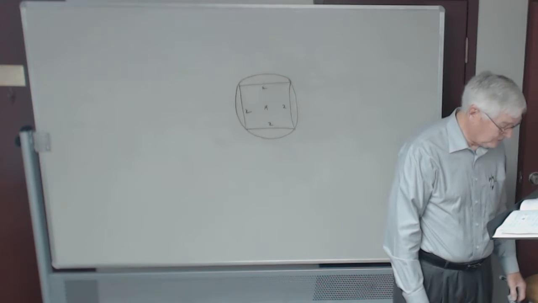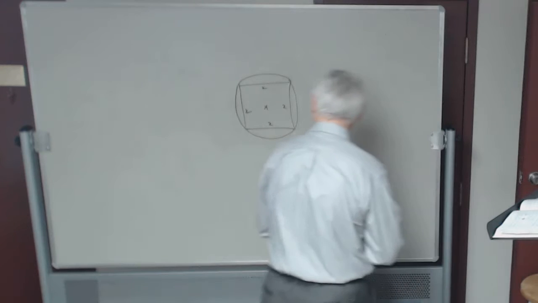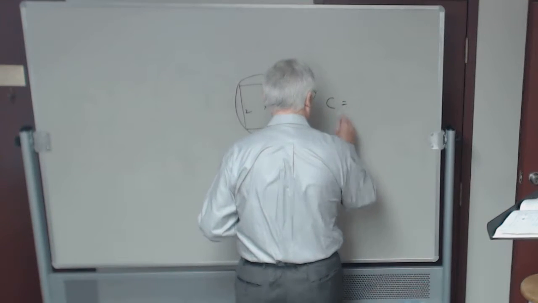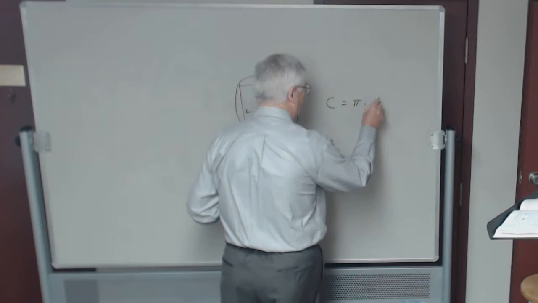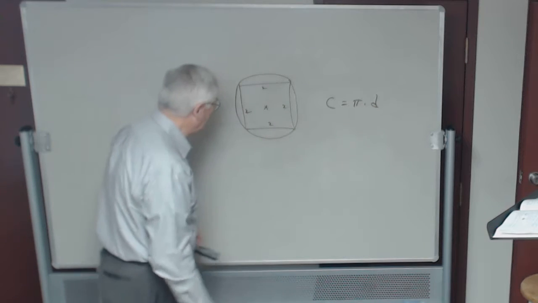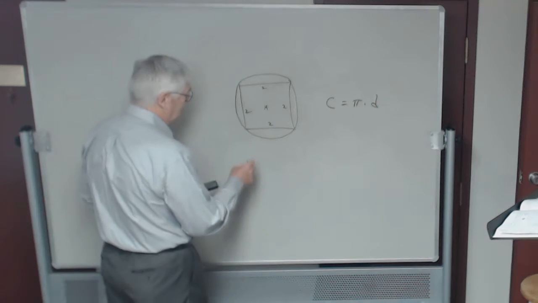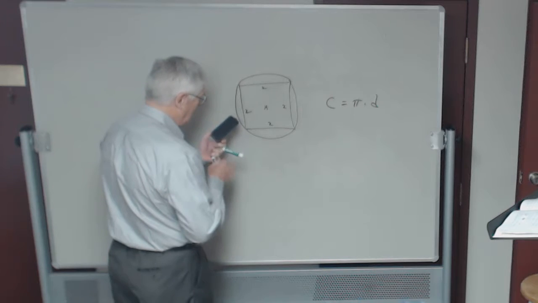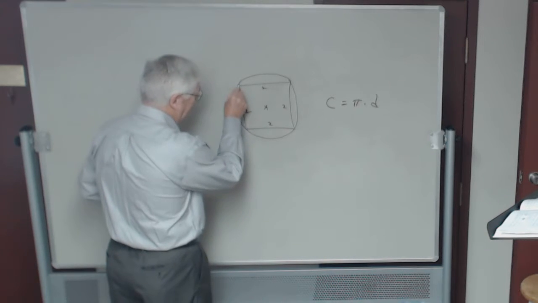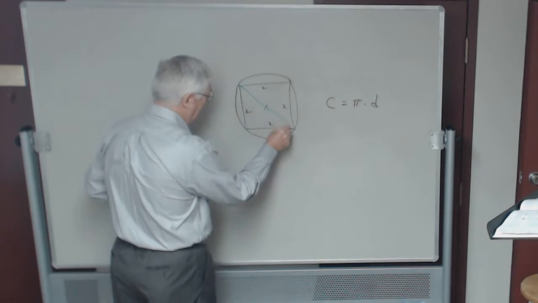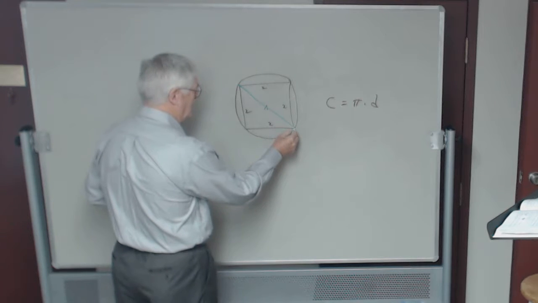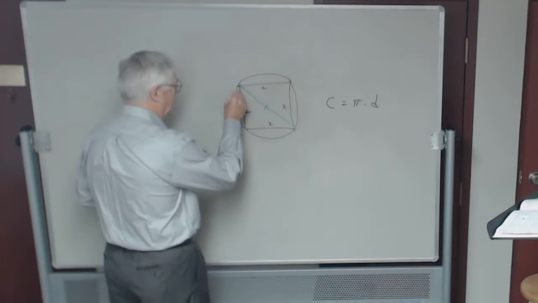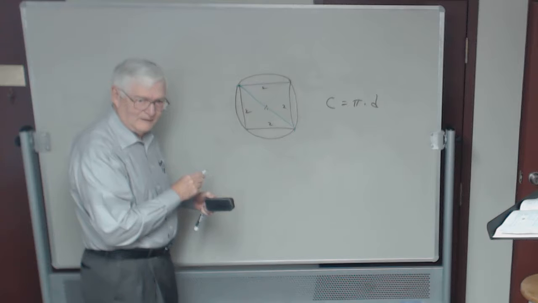Now what am I supposed to do? Find the circumference of the circle. Circumference equals what? Pi times diameter. So where's the diameter of that circle? So it'd just be 2, right? Oh, 2 times pi.